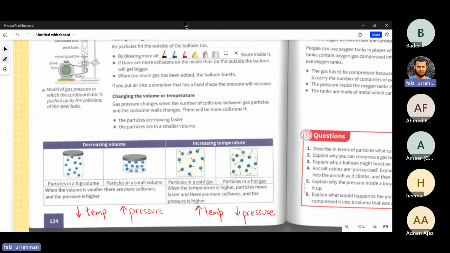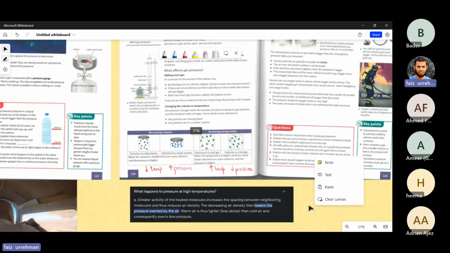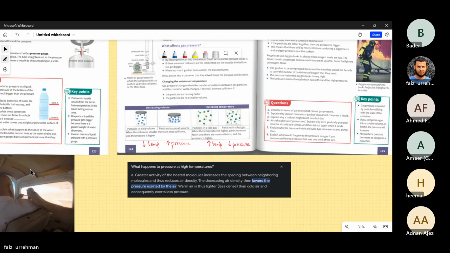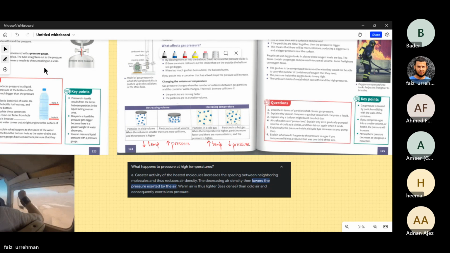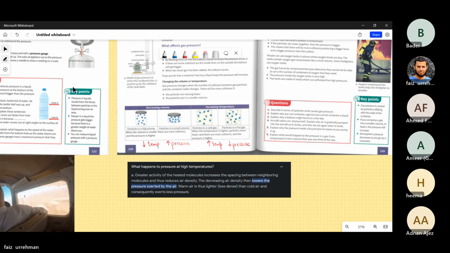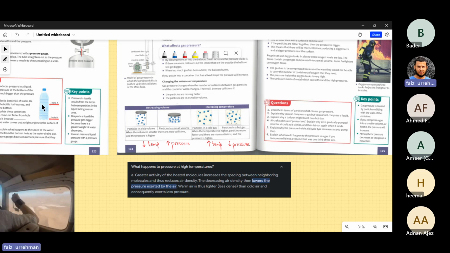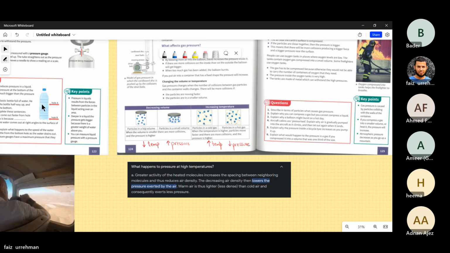Wait, I need to check it because this screenshot that I brought here says otherwise. Let me check something else. Okay. The pressure if ever the temperature decreases.